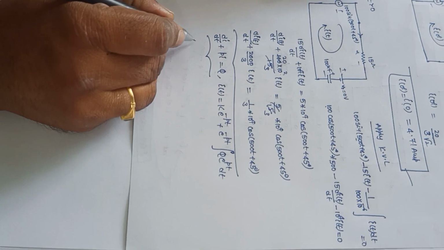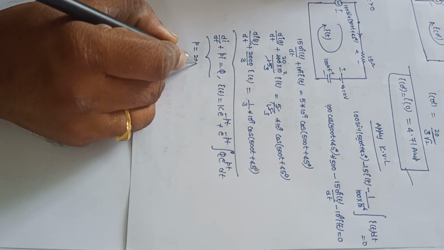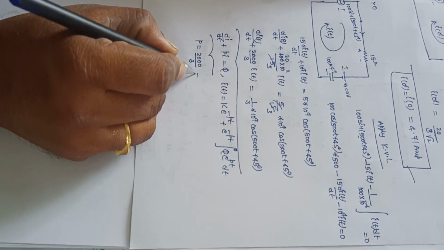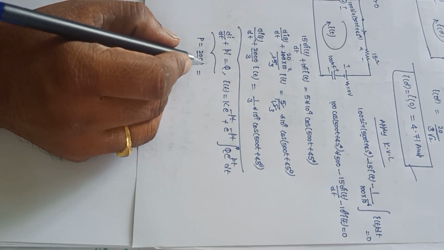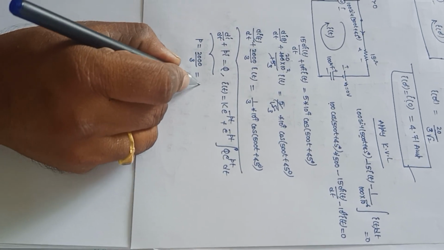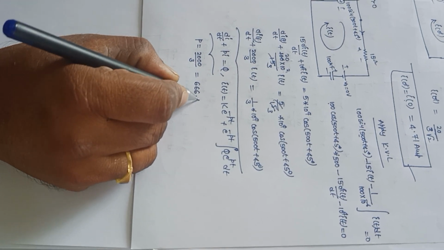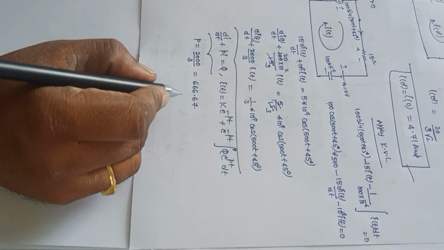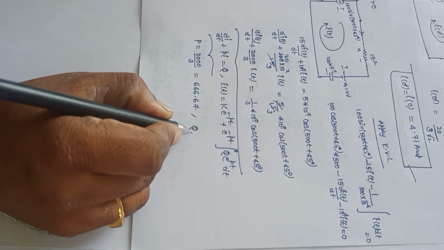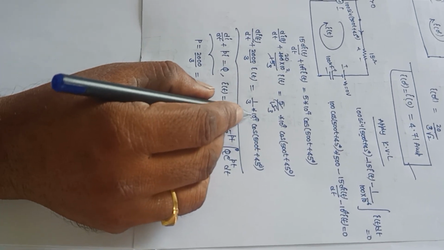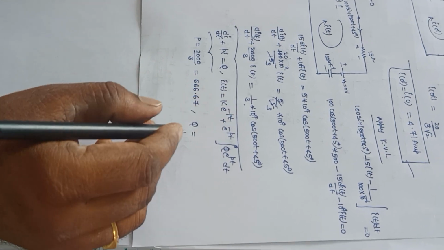So here, find out the value of p. P is equal to 2000 divided by 3. If I calculate this value of p, it is 666.67. Q is equal to 10 power 4 by 3.